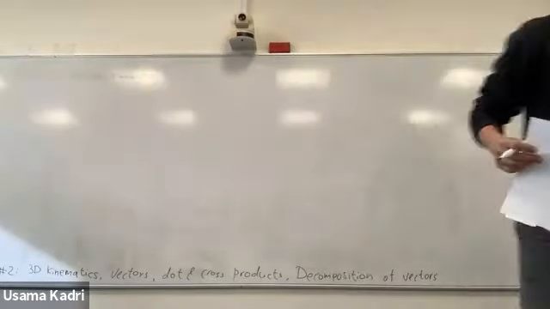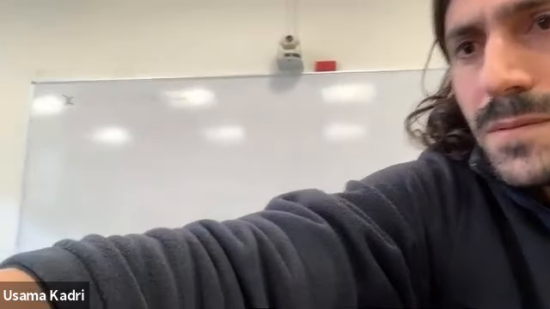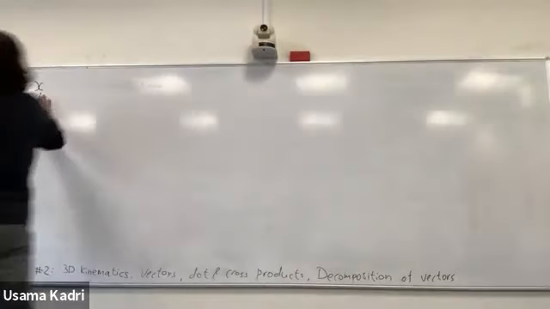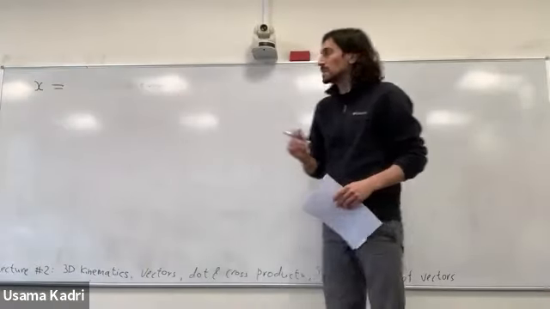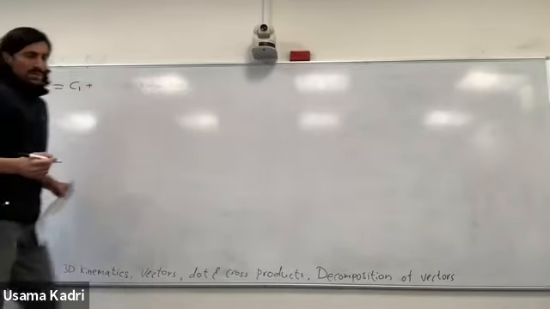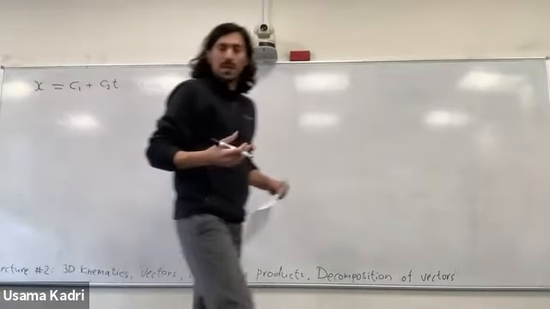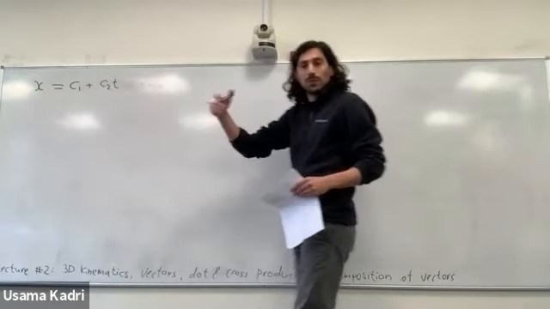We say x, the position, equals some initial position of the object, which we can say as C1, a constant, plus C2, another constant, times t, that will give us the new position in time.